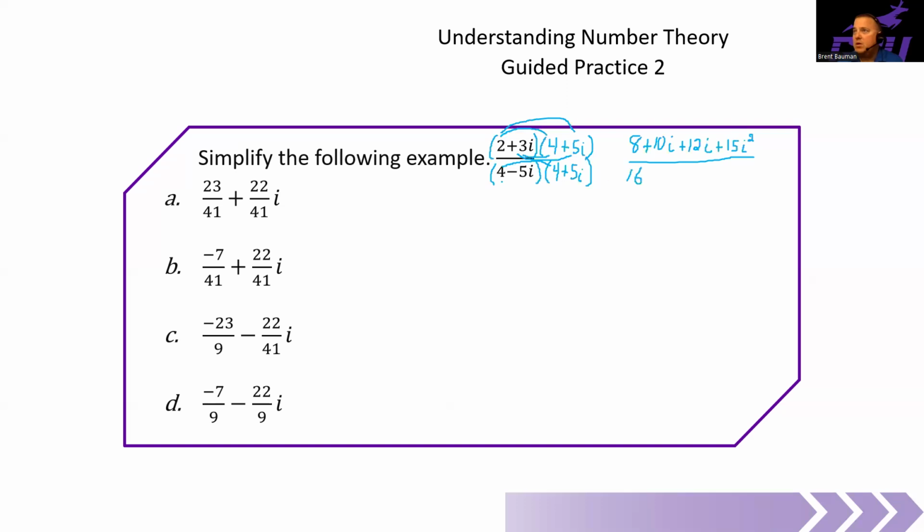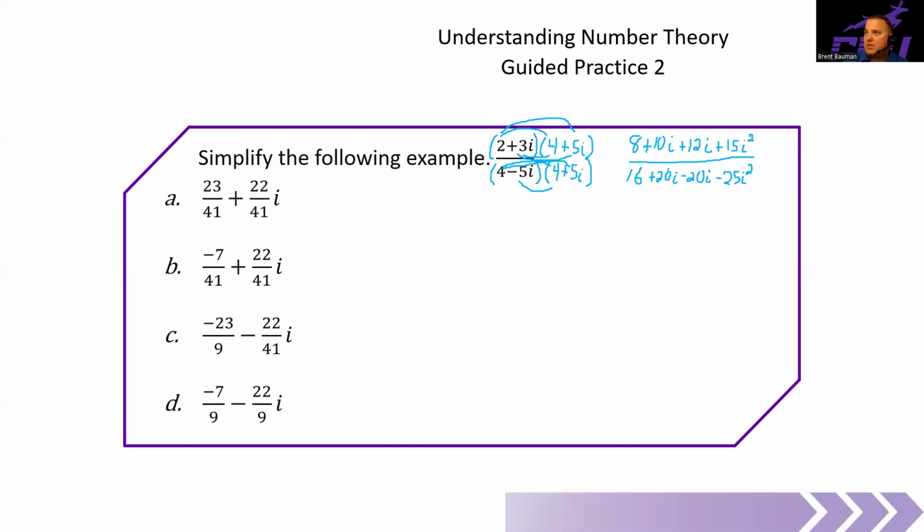That's good. 4 times 5i is a plus 20i. Negative 5i times 4 is a negative 20i. So you can see how these are going to reduce out. Negative 5i times 5i gives me a negative 25i squared. So common mistakes with these are sign errors, those types of things.